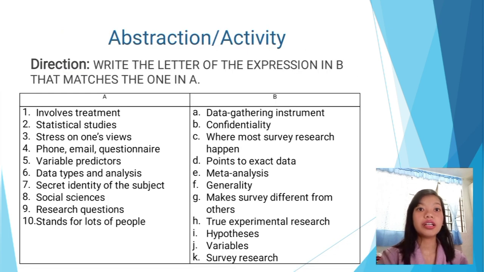As you can see here, it is about the abstraction and activity. The direction here is you need to write the letter of the expression in B that matches the one in A. So it is basically a matching type. It is only 10 items, and you can answer it in your notebook.